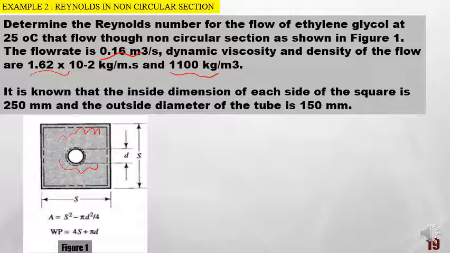It is known that the inside dimension of each side of the square is 250, so S is 250 millimeters, and the diameter of the tube is 150 millimeters. This info is mentioned here.